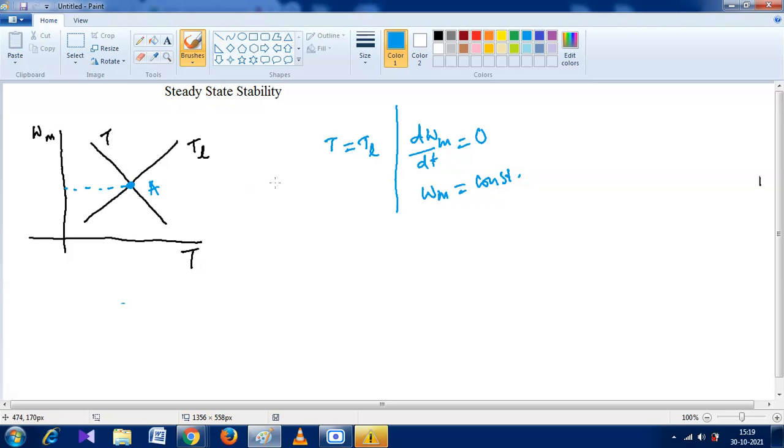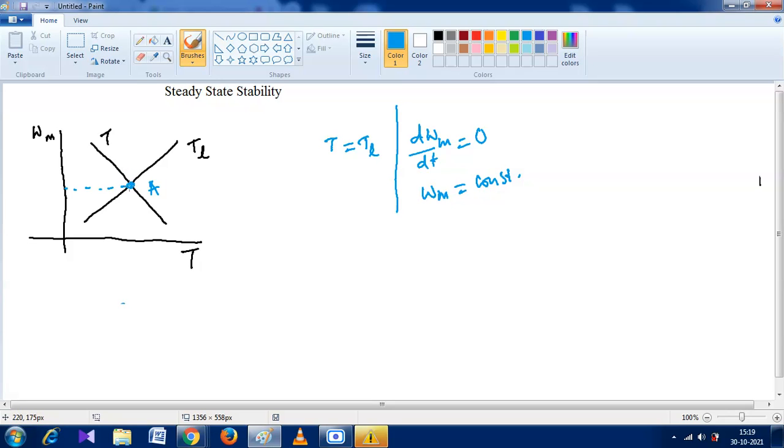After that, what is the condition? Actually, when we say that A is a stable point, suppose anyhow we increase the speed of the motor load system. If it turns back to the A position, then we say that A is a stable equilibrium. If the operating point is not back to A, then we say this is an unstable equilibrium point.